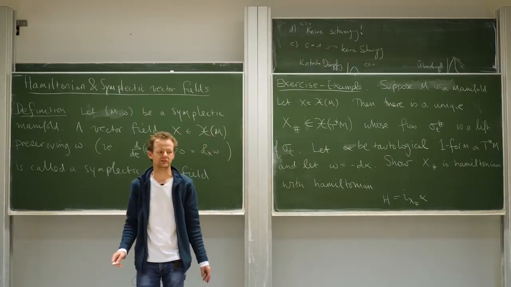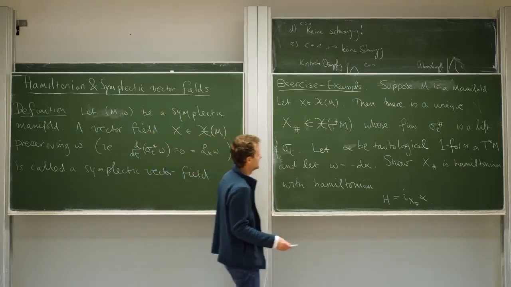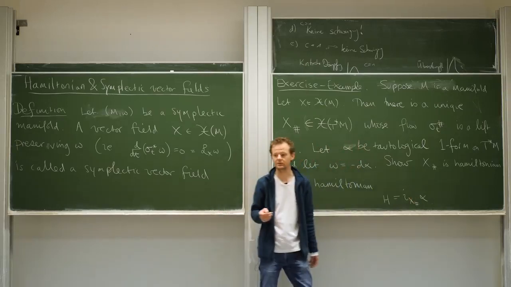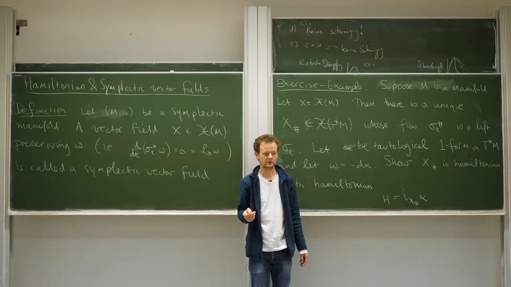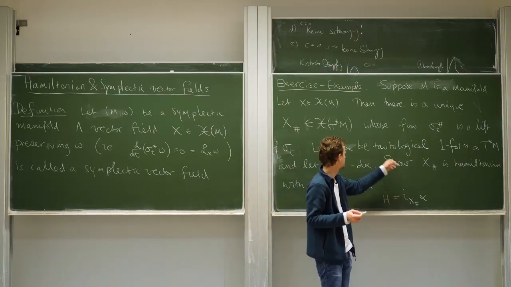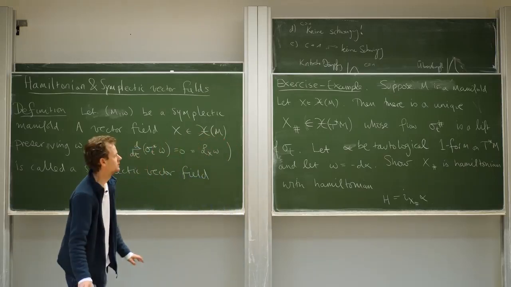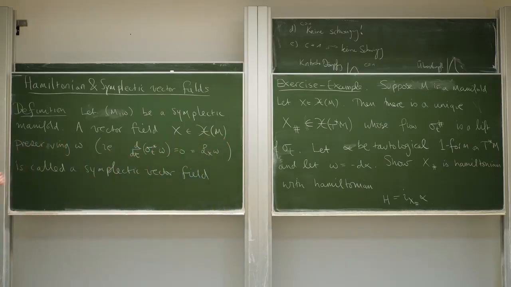So to do this exercise, you need to, well, take d of H, use some identities from the Lie derivative, show that those are like internal products with respect to omega, and apply the other formulas that we've derived.